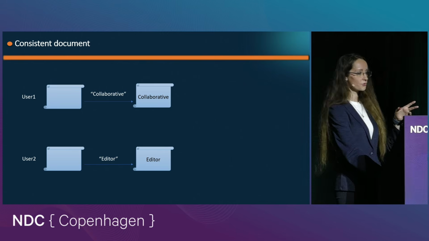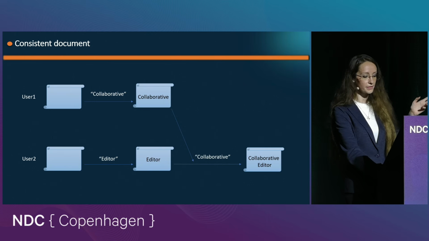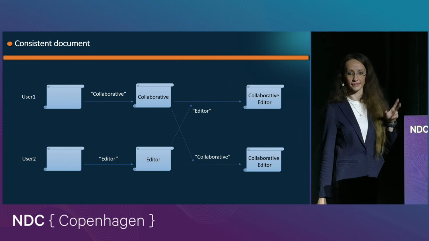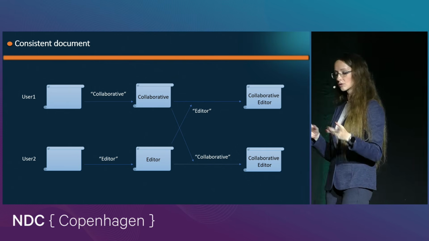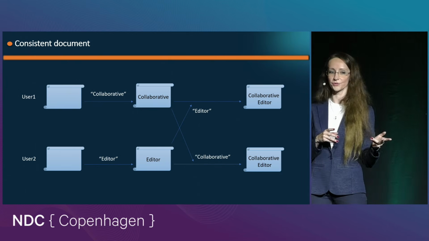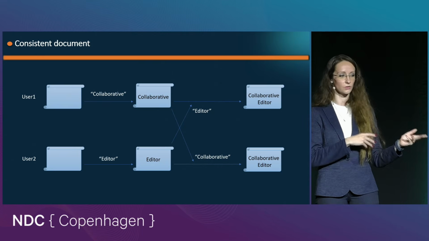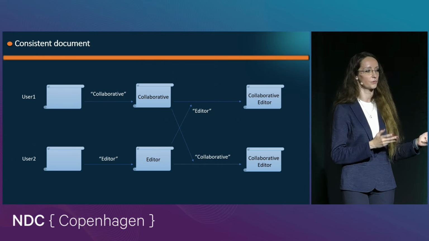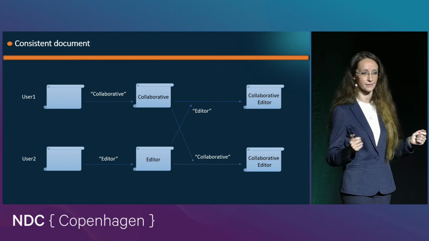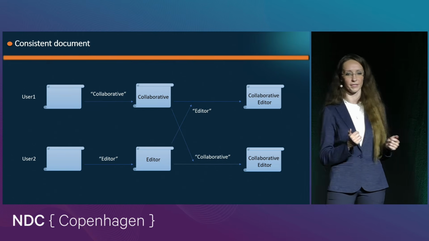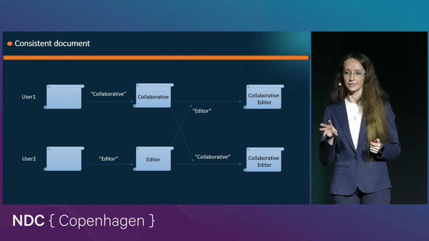So eventually, the final version of the document needs to have both words inside it. And in this moment, it is important to define a rule. Who will be the first user whose changes will be applied first, user 1 or user 2? And yes, we are dealing with timestamps and a rule like last man wins. This is something that we have based our entire solution on. So at this moment, it is important that both of them see exactly the same.